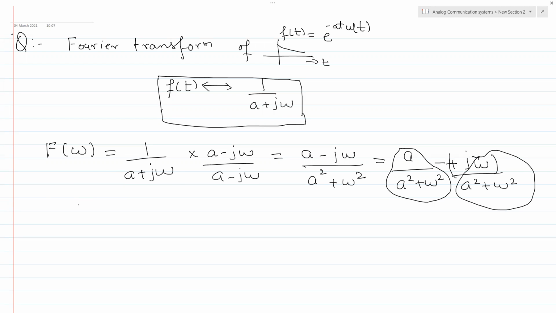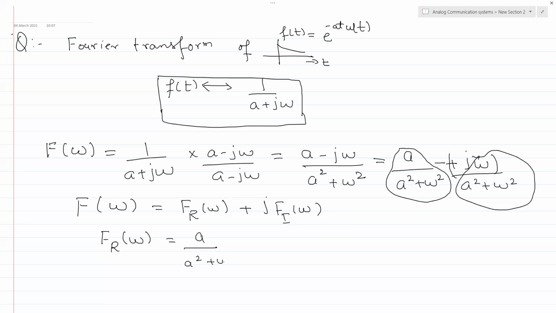So you will write this F of omega is equal to F real of omega plus j times F imaginary of omega. So F real from this equation is equal to a divided by a square plus omega square, and F imaginary of omega is equal to minus omega divided by a square plus omega square. Done?